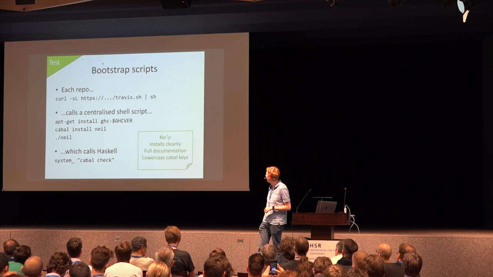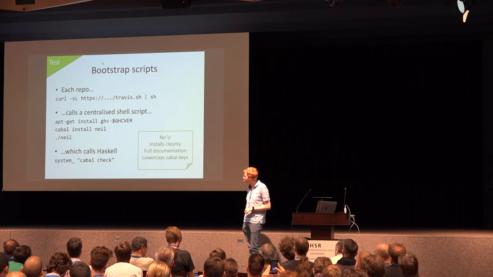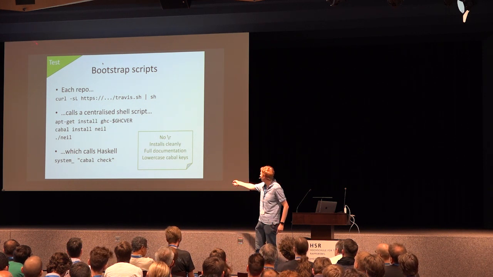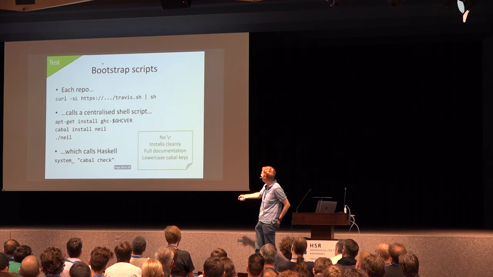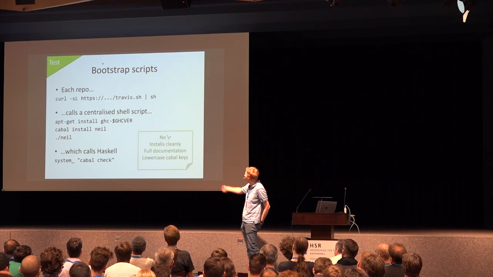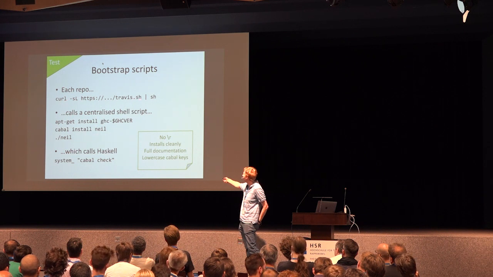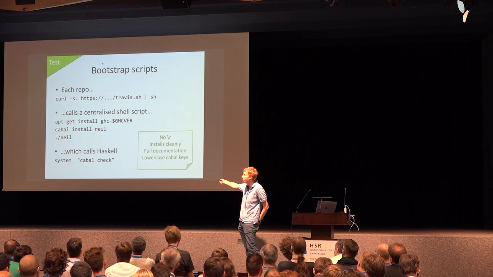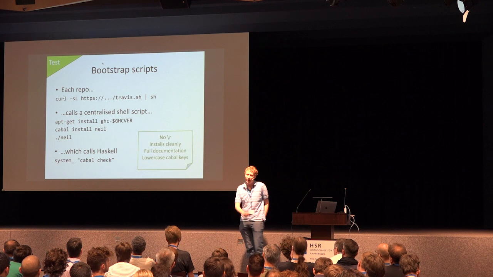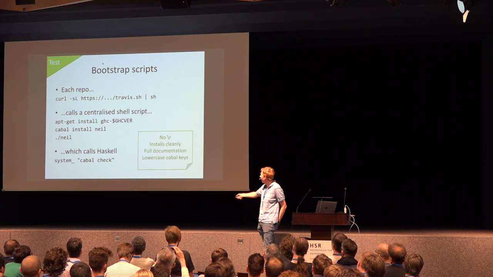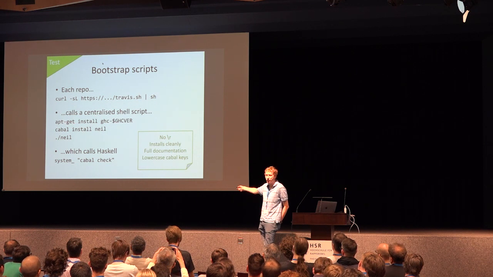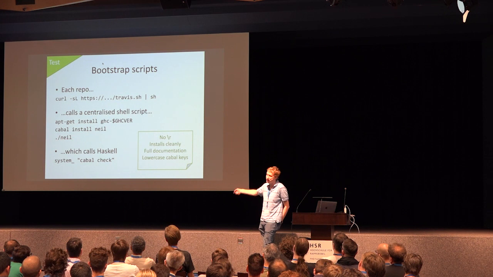So what do I mean by that? In each repo, you'll see something like this in the Travis script. It curls off, grabs a shell script out of a shared repo for all my projects, and runs it. This calls a centralized shell script that has all the apt-get install ghc, cabal install neil, run neil.